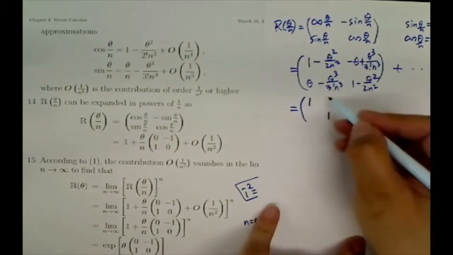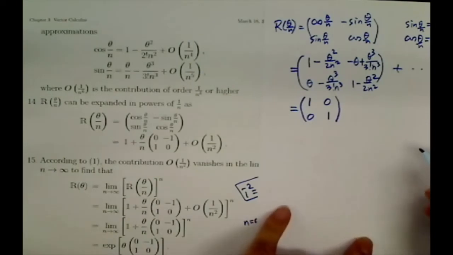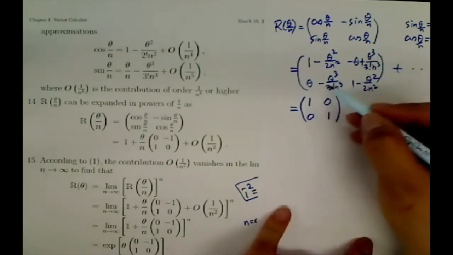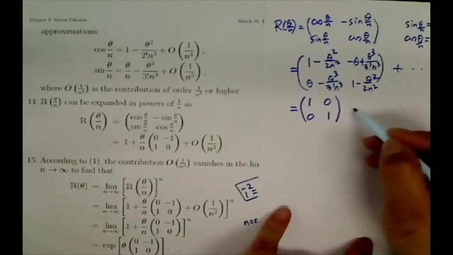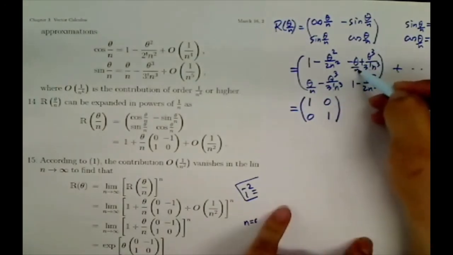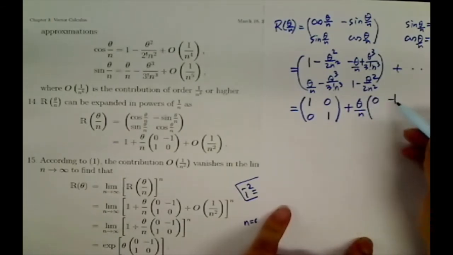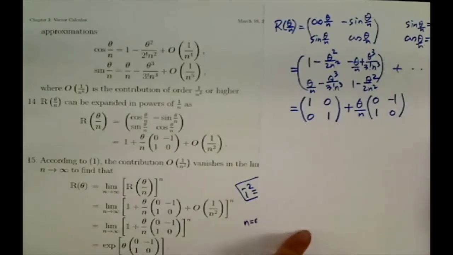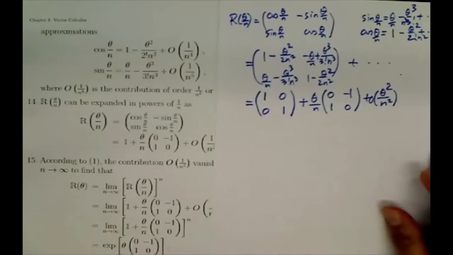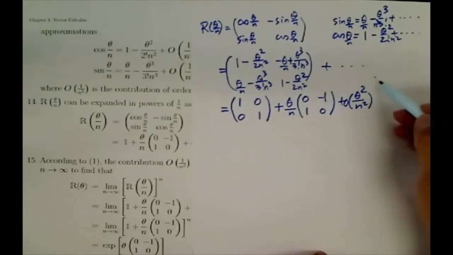It is just one. The linear piece is theta over n times the matrix with 0, 1, minus 1, 0. And then the higher order piece contains theta squared over n squared, theta cubed over n cubed, and so forth.